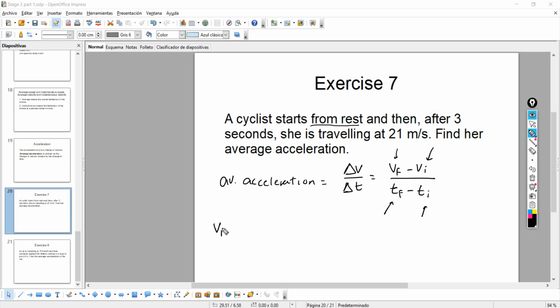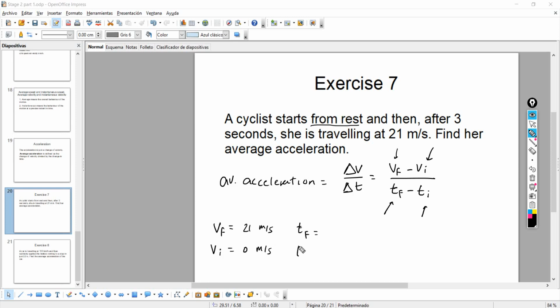What was the final velocity? The final velocity is 21 meters per second, right? That is the final velocity of the particle. What is the initial velocity of the particle? Well, since it starts from rest, its initial velocity will be 0 meters per second because it starts from rest. Now, what was the final time?